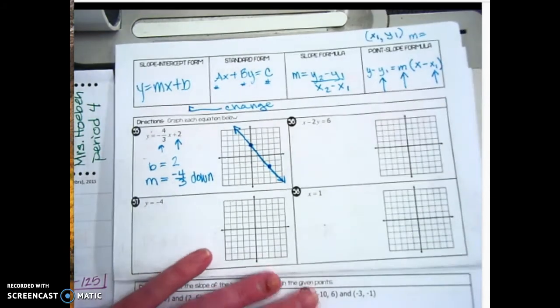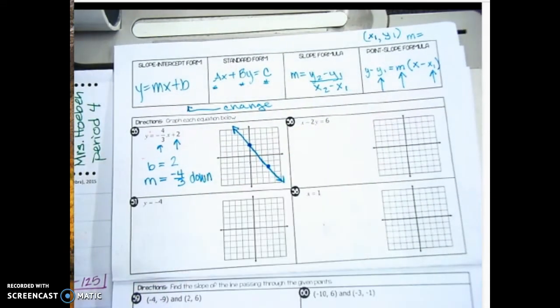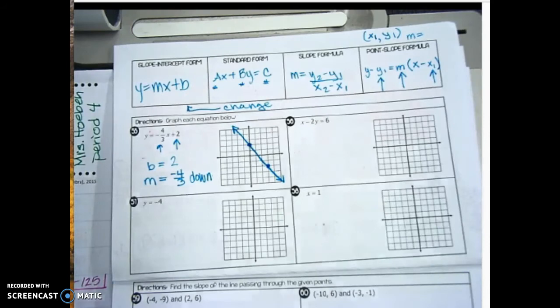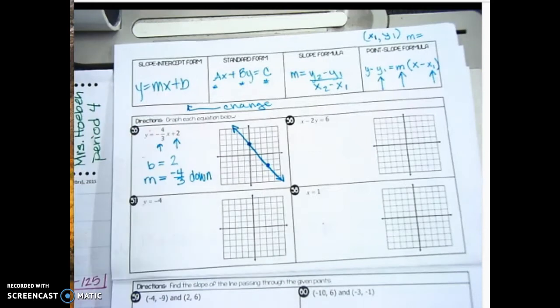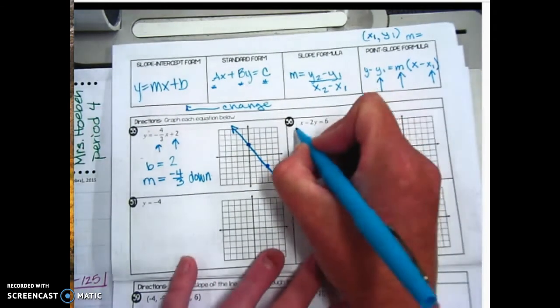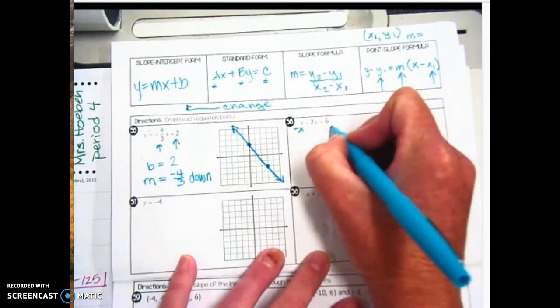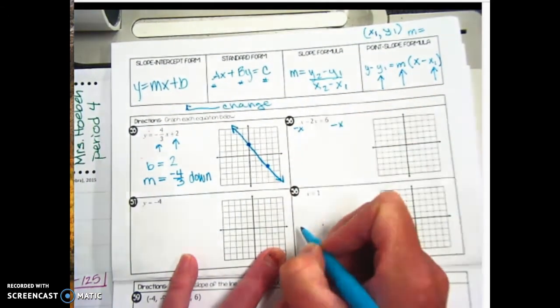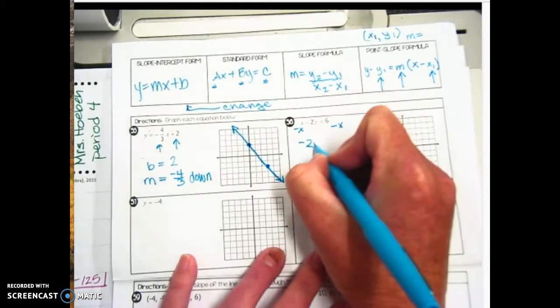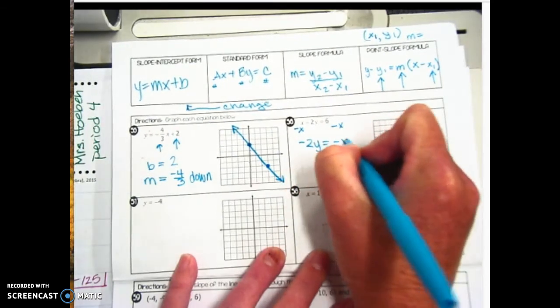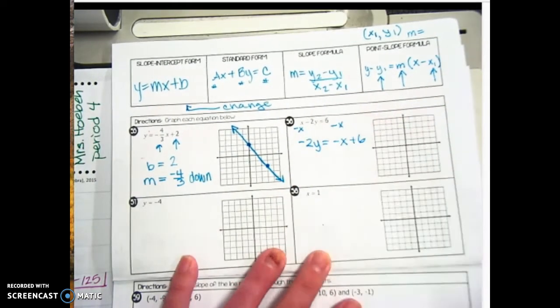Okay? So box number 56 comes in a form that we call standard form. So the best thing to do with it is to change it to slope-intercept form, meaning you want to get that y by itself. So you're going to subtract x from both sides of the equal sign. You're left with -2y equals -x plus 6.